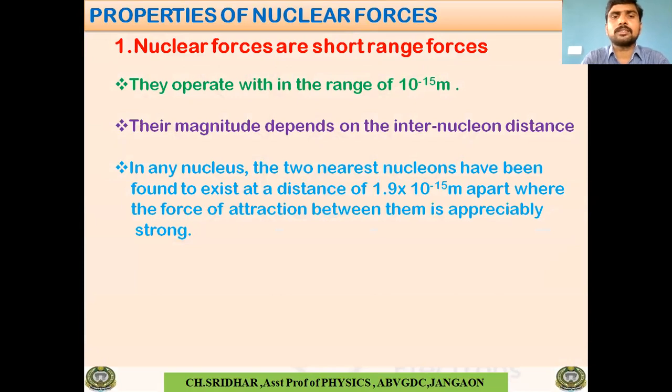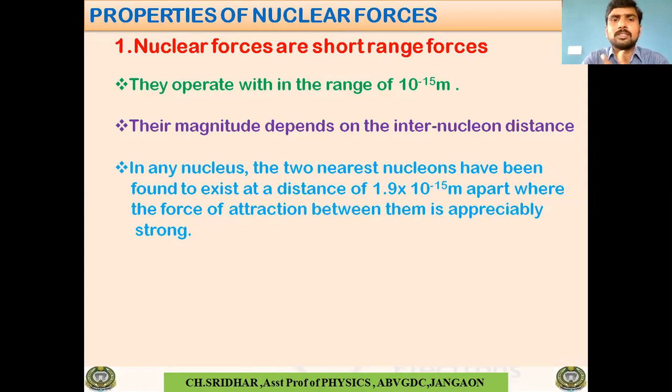In any nucleus, the two nearest nucleons have been found to exist at a distance of 1.9 times 10 to the power of minus 15 meters apart, where the force of attraction between them is appreciably strong. If the distance between two nucleons exceeds 10 to the power of minus 15 meters, it becomes a repulsive force.